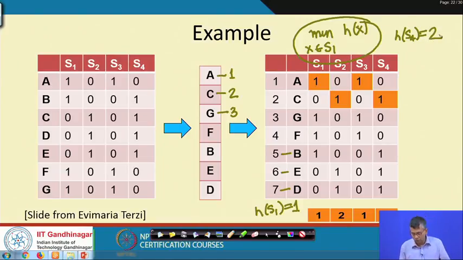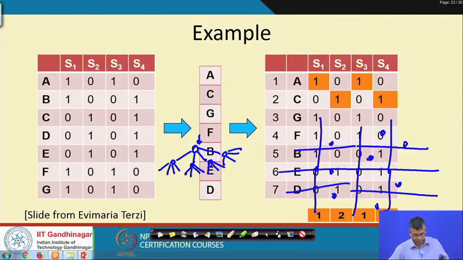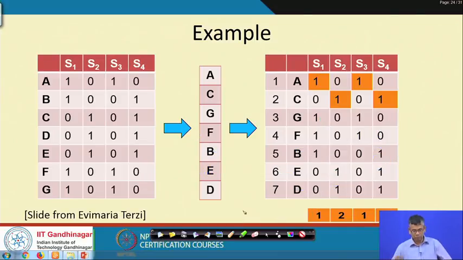So, the sketches for the corresponding sets are: the sketch for S1 is 1, sketch for S2 is 2, sketch for S3 is 1, sketch for S4 is 2. According to this ordering, these are the sketch values. Seems pretty weird, but we will see what it really is in a few minutes.